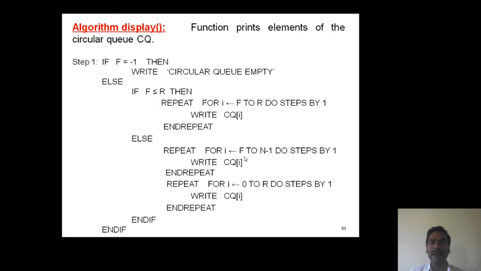First print the elements from F to n-1 and then 0 to R. For this, design the steps as: repeat for I equals F to n-1, do steps by 1, write CQ of I, and repeat. Repeat for I equals 0 to R, do steps by 1, write CQ of I, and repeat. So the inner comparison is completed, and the outer comparison is completed.